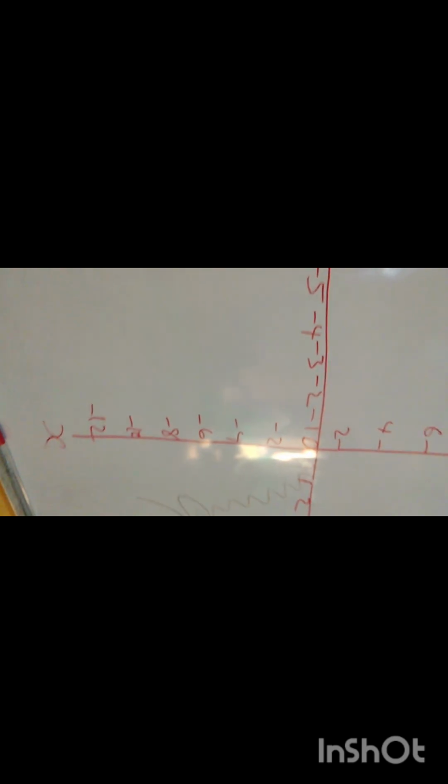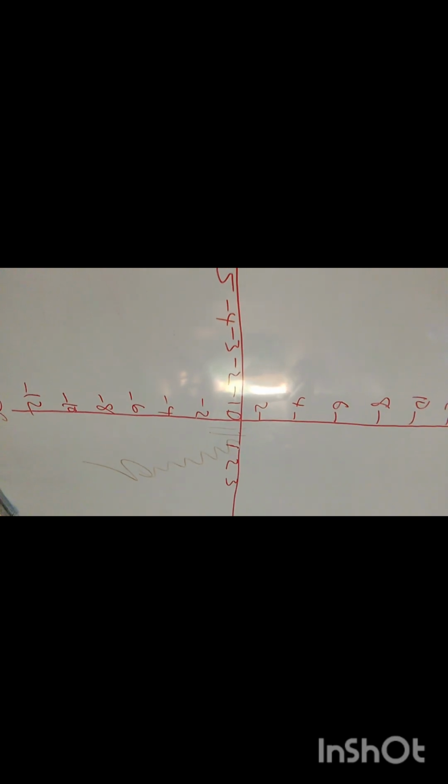Then on the negative y side, minus 2, minus 4, minus 6, minus 8, minus 10, minus 12. Now we have gotten it perfectly. Now let's go into the plotting of the graph.